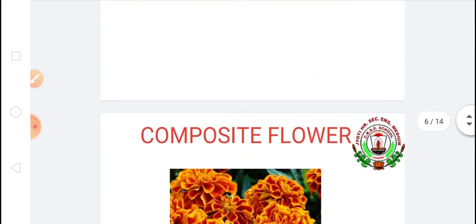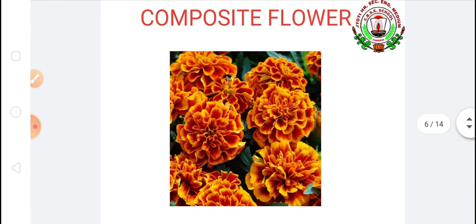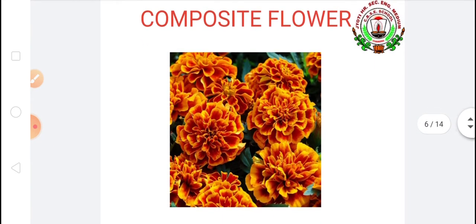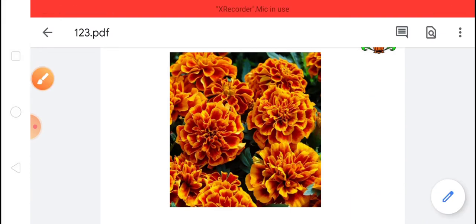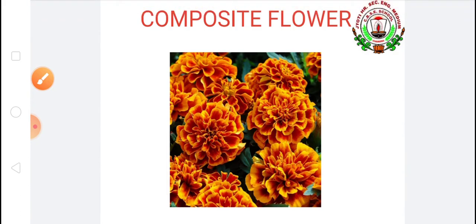Some flowers are composite flowers. For example, marigold. You can see in the picture. Such kind of flowers are called composite flowers. It means the flower is made up of so many flowers together.